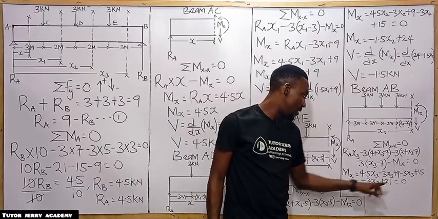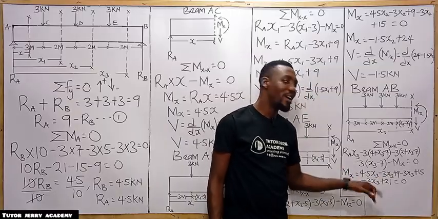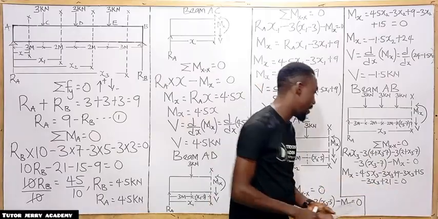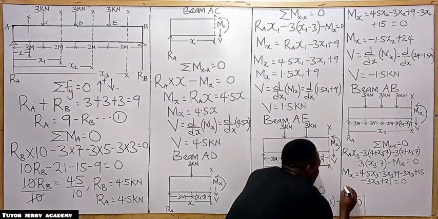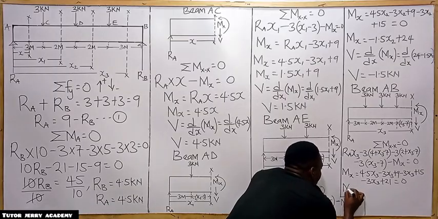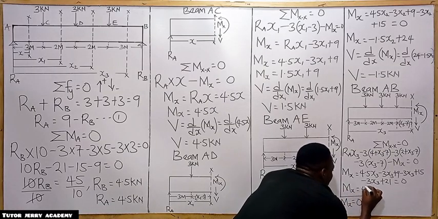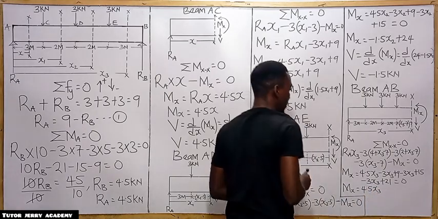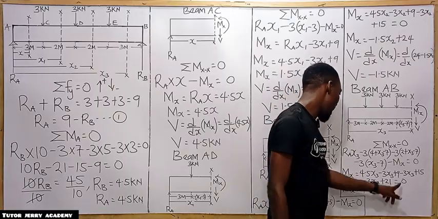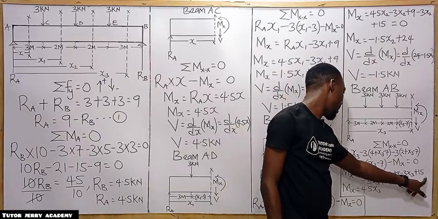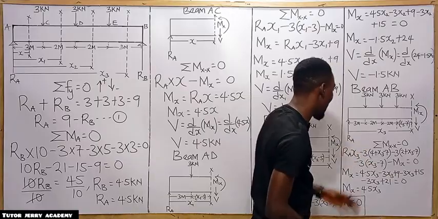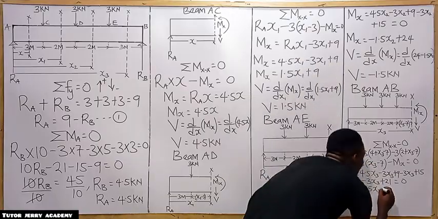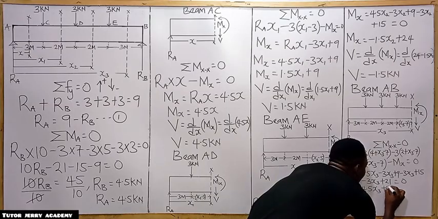So 3 plus 3 is 6 plus 3 is 9. 4.5 minus 9, that is 4.5. So we are going to have our ms to be equals to 4.5 S3. Okay. So 9 plus 15 plus 21, that will give us 45. So we are going to have positive 45.